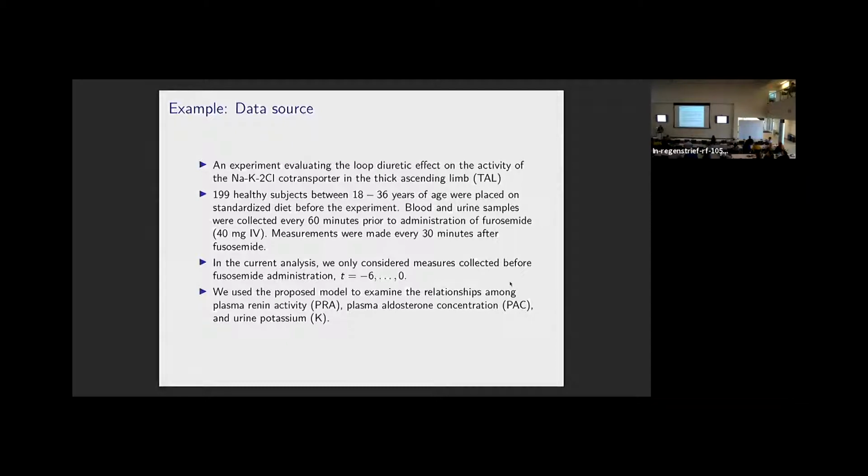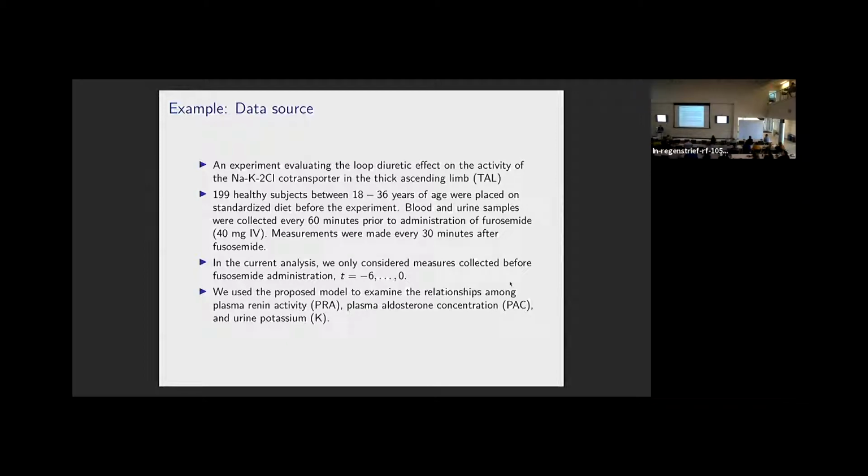But what I'm showing you today is just before you gave furosemide. After you gave the furosemide, it's just a complication. So for my purpose, just showing the model, I just gave you the time before.